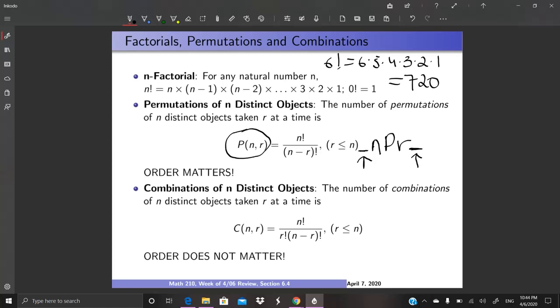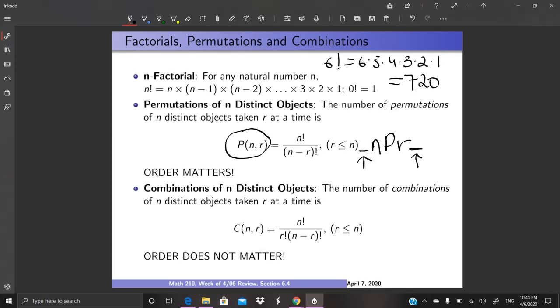Combinations of n distinct objects taken r at a time, and instead of using P and r, we just use C and r. So you take n factorial over r factorial times (n minus r) factorial.